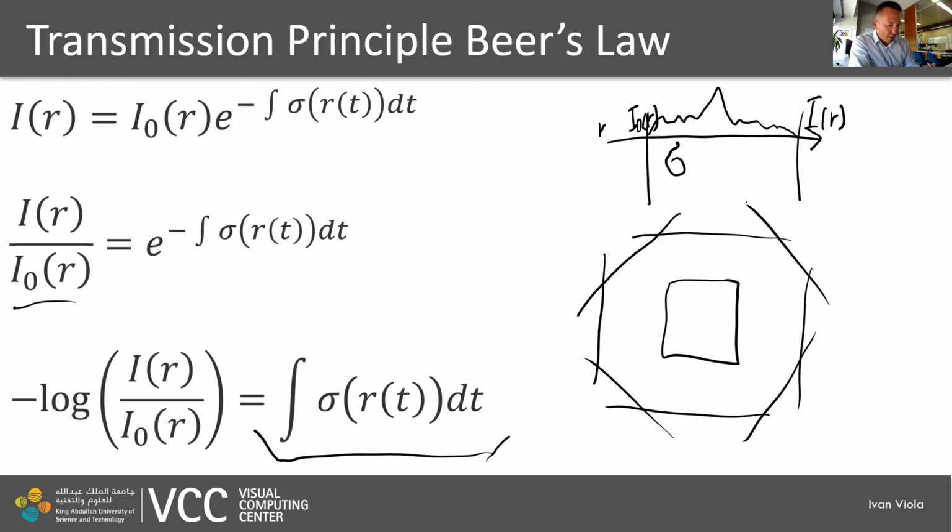Here we know the projections, and after the normalization and the logarithm, I will call them P. These are the projections P. We don't know the values inside, but we know that they contribute by means of a sum along a ray.